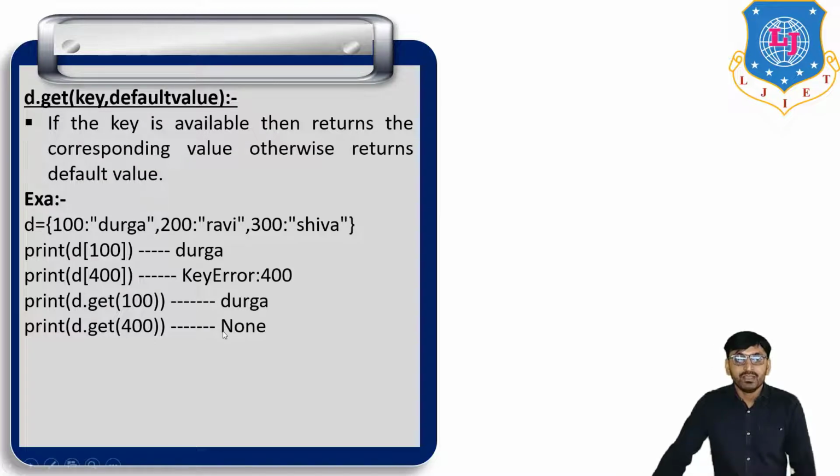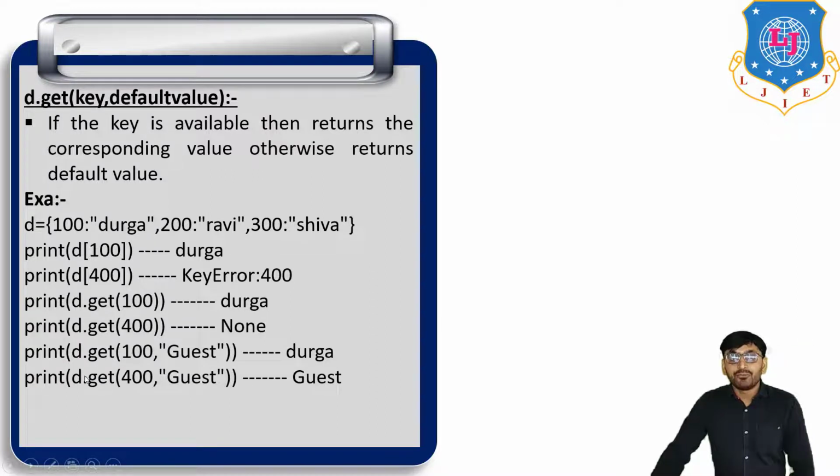Then print D dot get, and inside the parenthesis 100 and guessed. Now this 100 is present in the dictionary and the corresponding value is Durga. So we get output Durga. And if we print D dot get 400 and guessed, this 400 is not present in the dictionary.